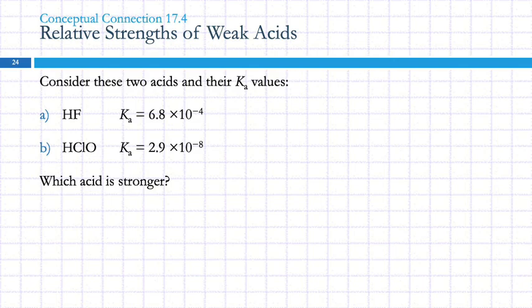So consider these two acids and their Ka values. So you have HF, here's the Ka, and we have HClO, here's the Ka. Which acid is stronger? A is stronger.